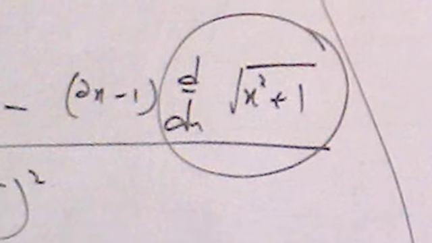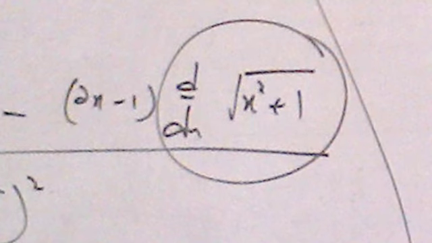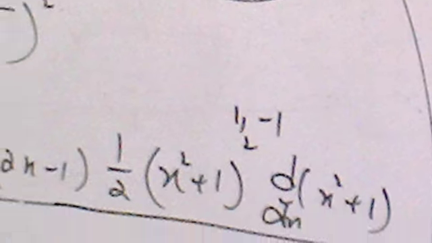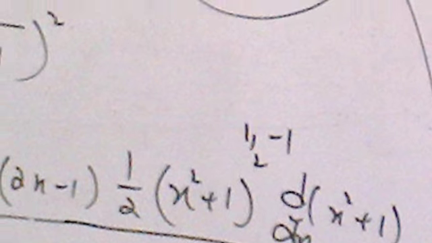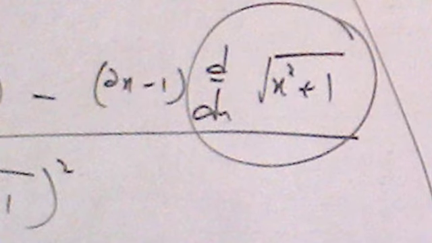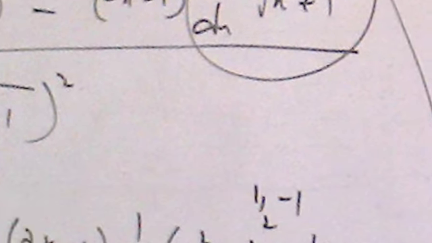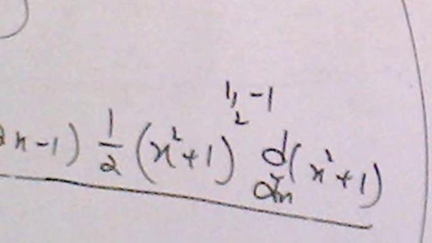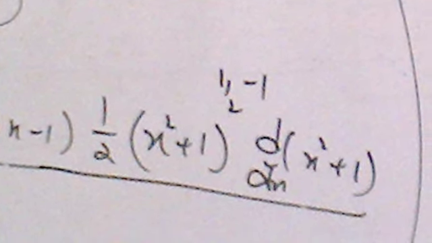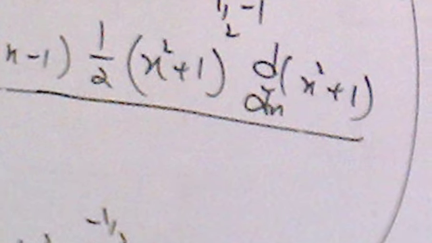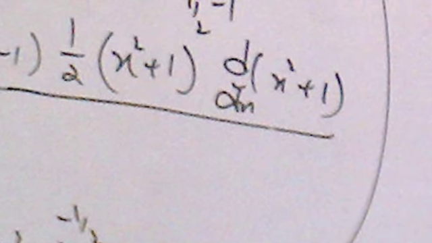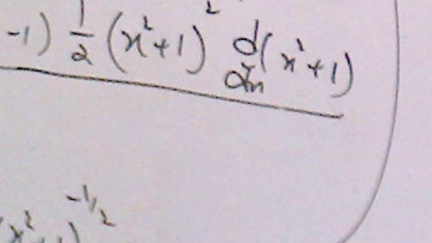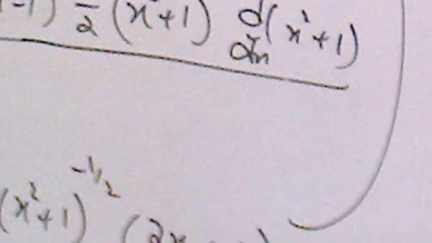But here we have a square root. Then we apply the formula power minus 1 and then derivative of base. Here we have power 1 over 2 minus 1 and then derivative of base. Now derivative of x square is 2x and its power is 2 minus 1, so it becomes 1, and derivative of 1 is 0.